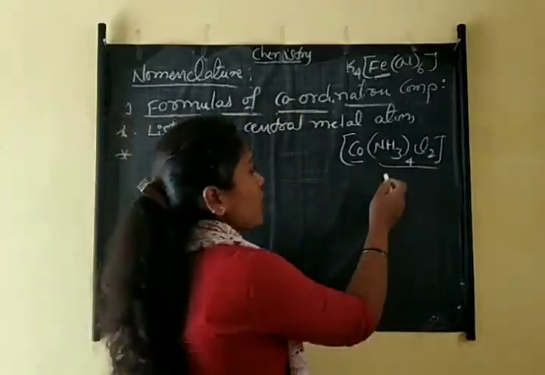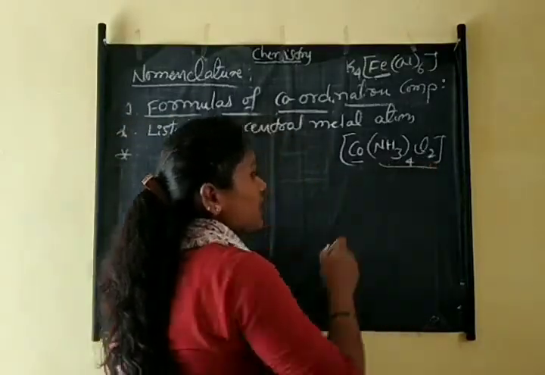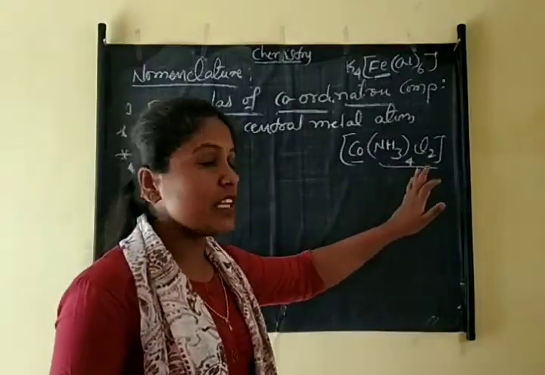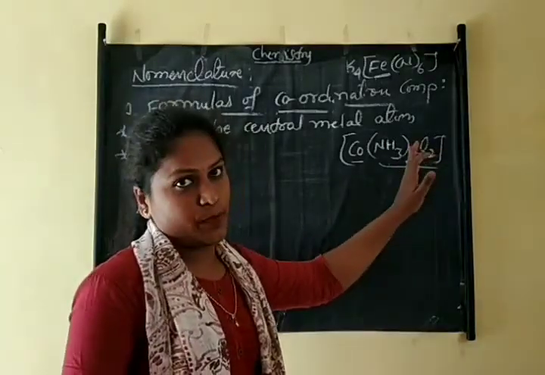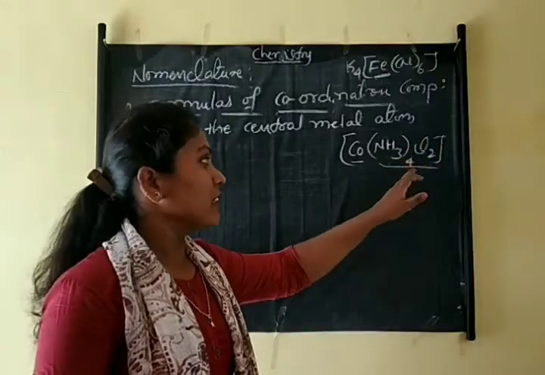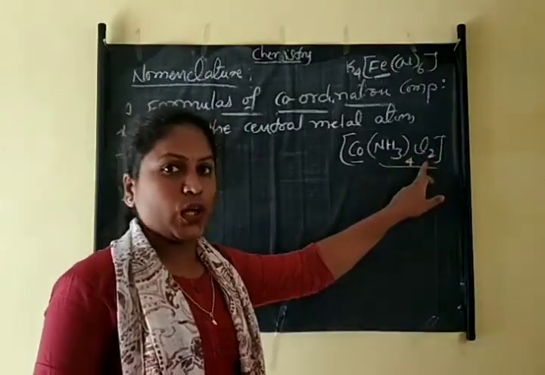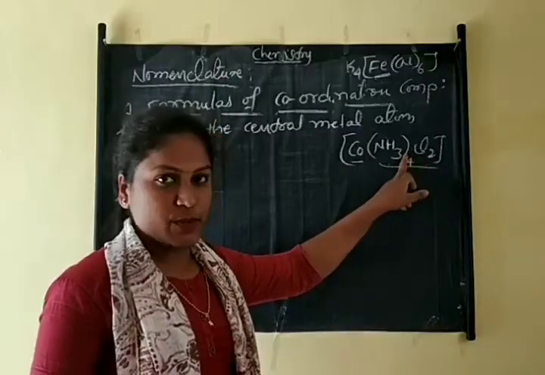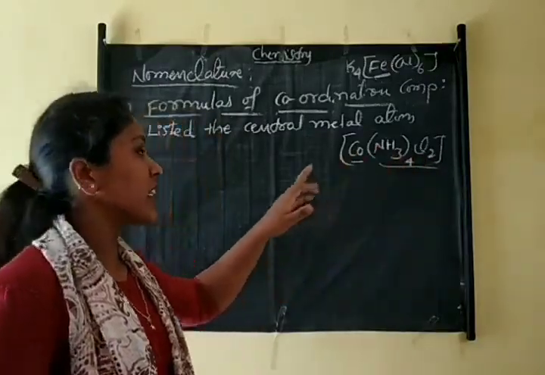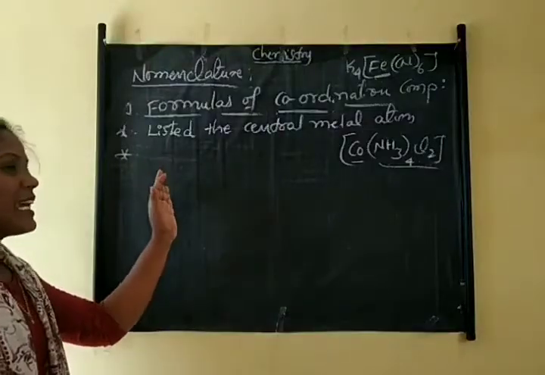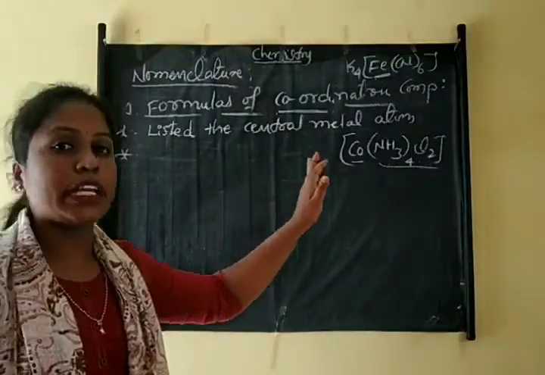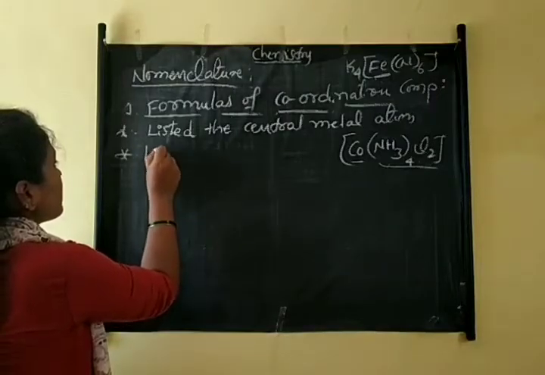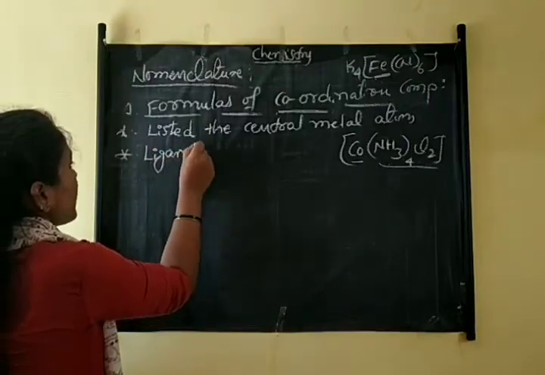In this compound there are two types of ligands, so again the ligands are considered in alphabetical order. Here amines and chloro are there. In alphabetical order, amines comes first. So the second rule is that the ligands are listed in alphabetical order.